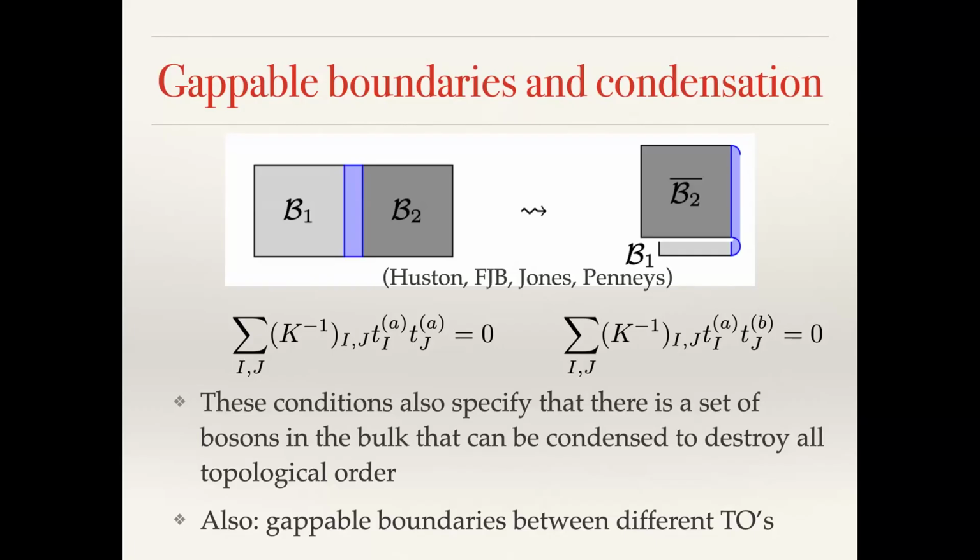Yes. Okay. Good. So this is like a picture which tells us how to construct these gapped domain walls. Suppose that I want to make a gapped boundary between two different topological orders, B1 and B2, okay?